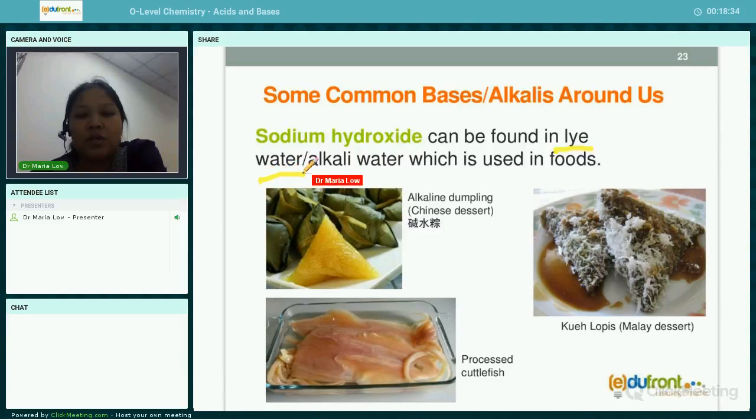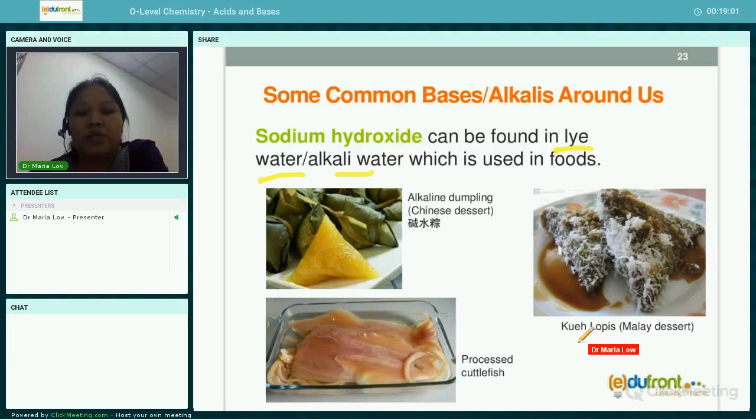Another name for lime water, sometimes called alkali water, is used in the preparation of foodstuffs. For example, in the Chinese dessert, we have the alkaline dumpling, which is made using sodium hydroxide by soaking the rice in it. After the cooking process, the rice has a very gooey feeling.